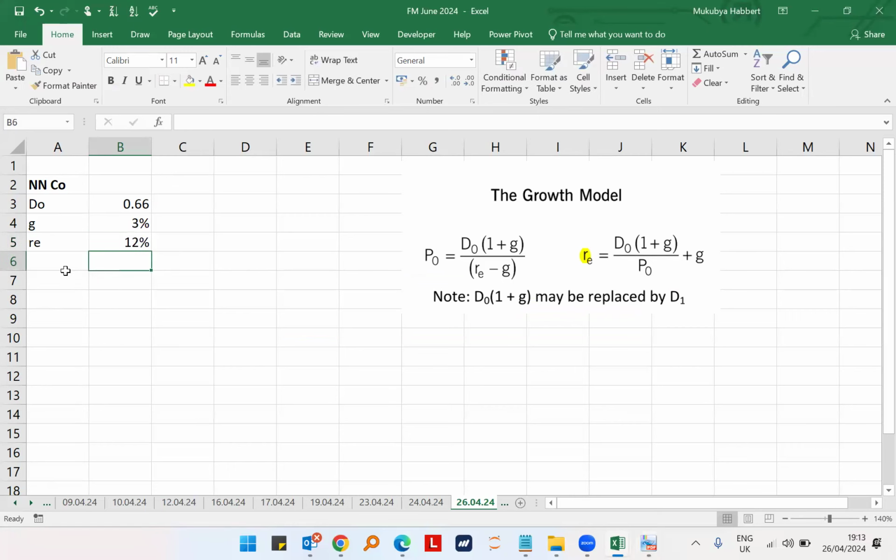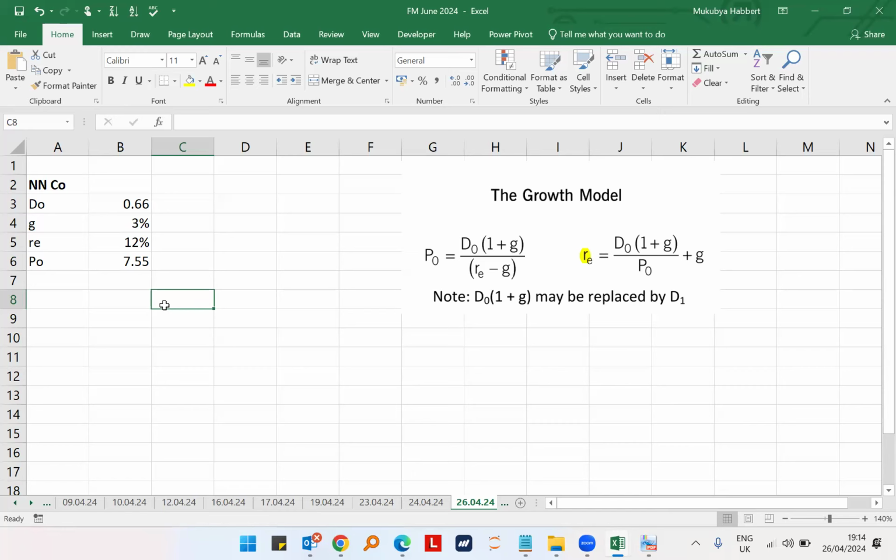Therefore, we can determine the market value per share as the dividend multiplied by 1 plus the growth, divided by the cost of equity minus the growth, which gives us 7.55 as the market value of equity.